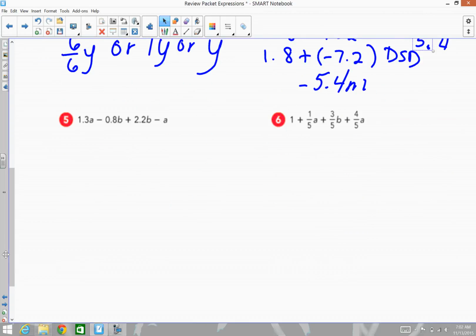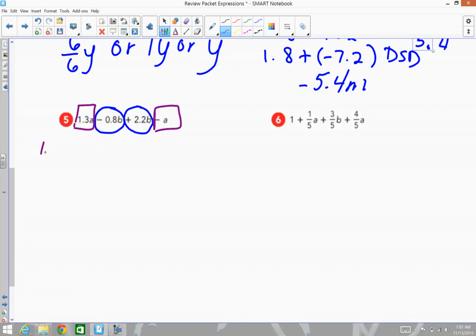Next question. This one's a little bit different because we have members of the B family as well as members of the A family. So we'll be doing 1.3A minus 1A, which we should recognize as 0.3A.